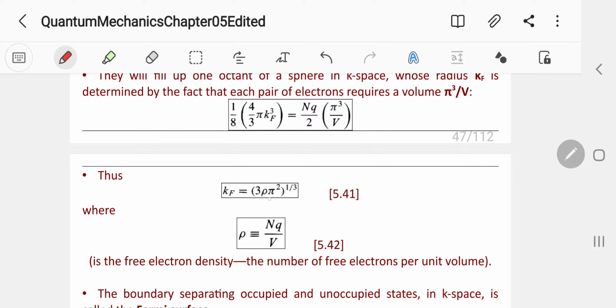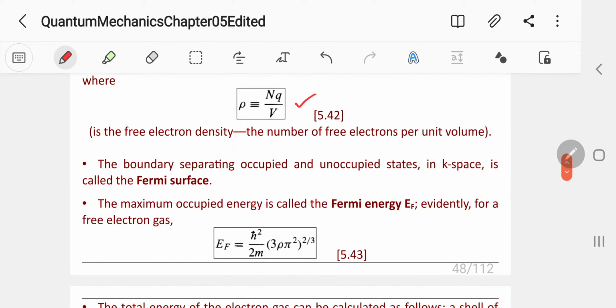So here, by the way, your rho is just the density of the electrons in that volume, so you have nq over V. The boundary of the volume that is occupied by the electrons in the solid is called the Fermi surface.